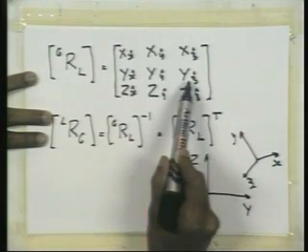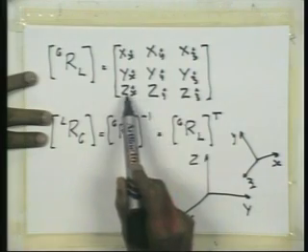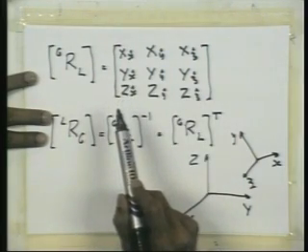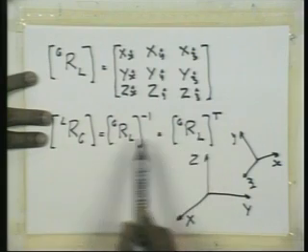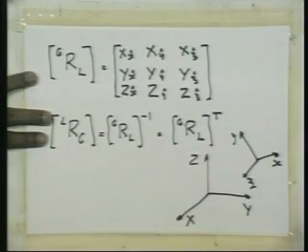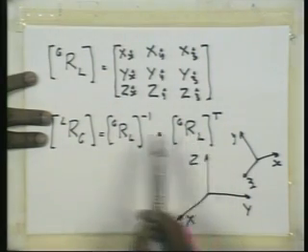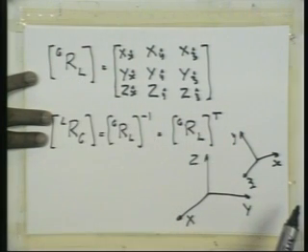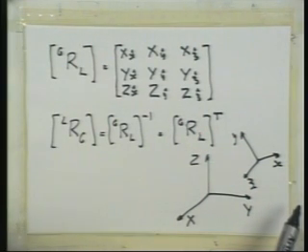These are the local coordinates of the global y axis, and these are the local coordinates of the global z axis. That's why this turns out to be the transpose of this. Fine. So this is something very important which you should keep in mind.